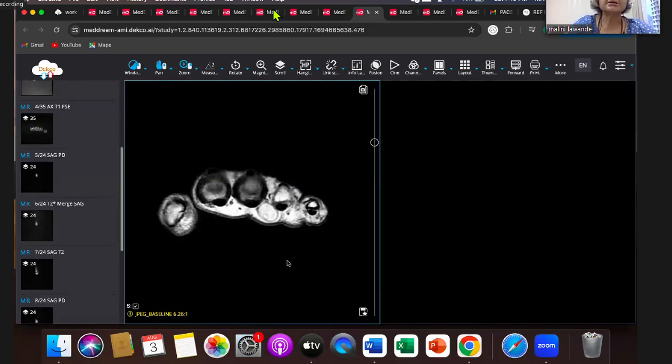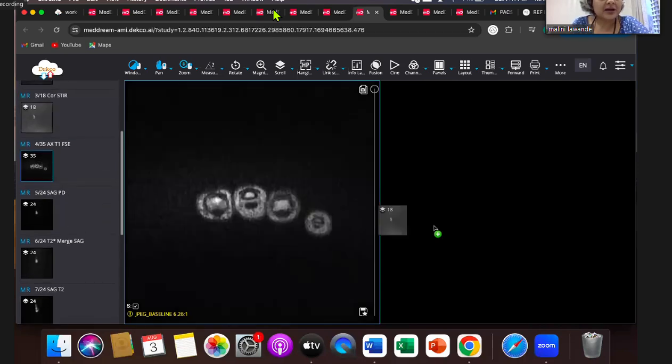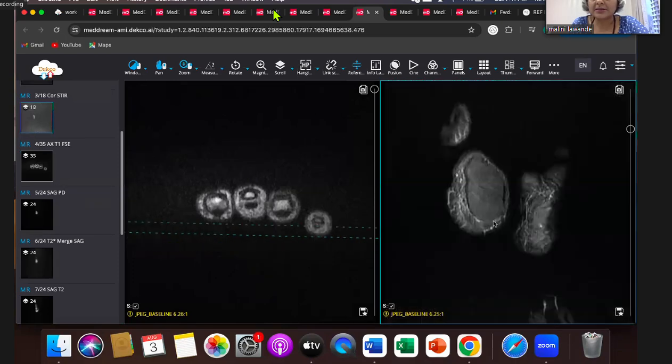This patient is a 35-year-old male who presented with swelling in the hand, which has been there for many years, but now he feels there is some increase and he also feels some pain in the hand. So this is the T1 weighted image, and these are the coronal STIR images.